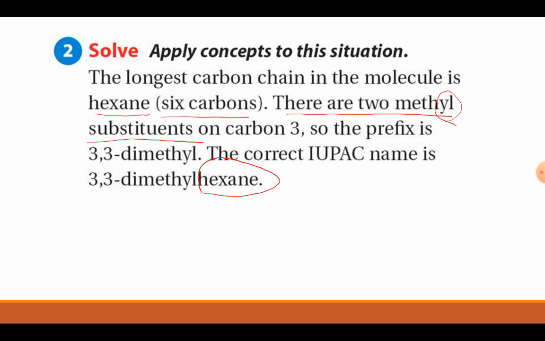The number is of the carbon which is connected to the substituent.